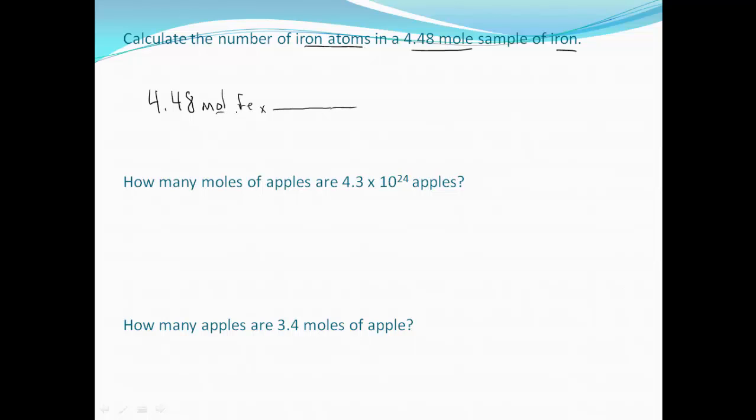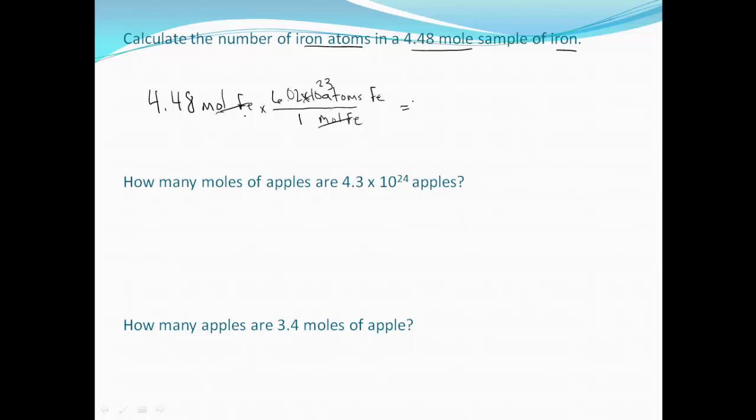Since we have moles of iron in the numerator, we want to make sure that goes in the denominator because we want it to cancel, and the thing that we're converting to is atoms of iron. So 1 mole contains 6.02 times 10 to the 23rd atoms. That's supposed to be a times sign.